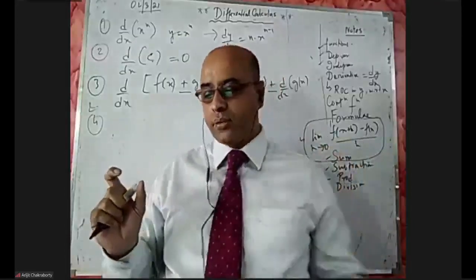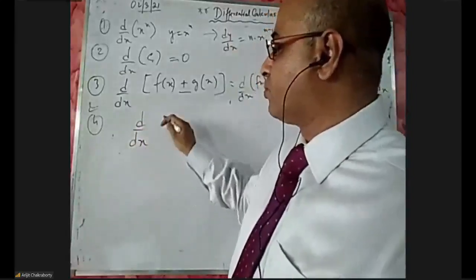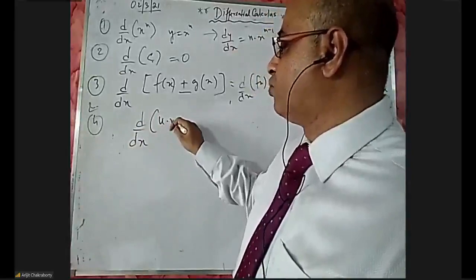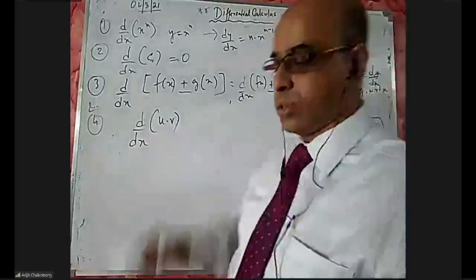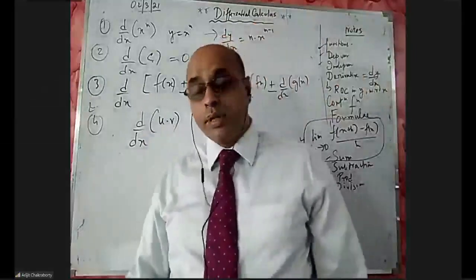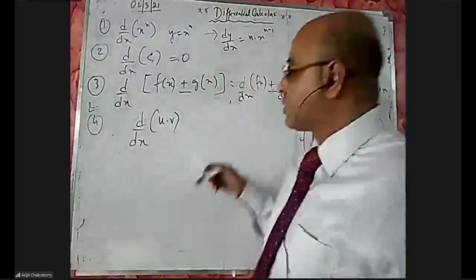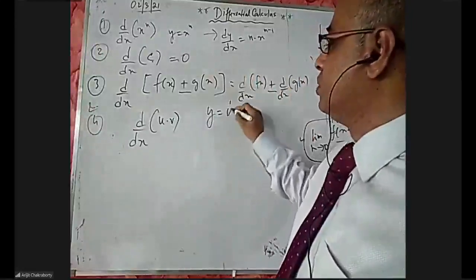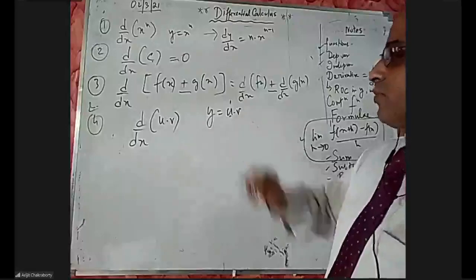So if I write d dx of u into v, where u is a function of x and v is also a function of x, please remember this formula. Say y is equal to u into v, where u and v are functions of x.